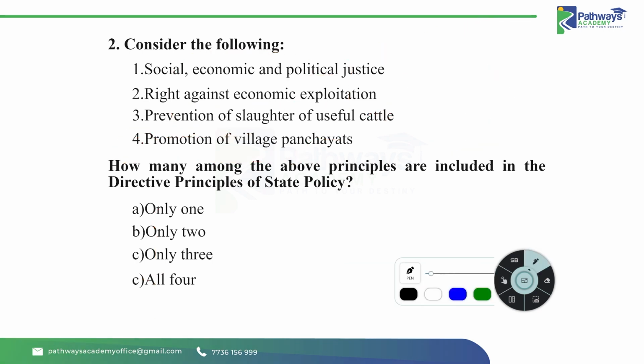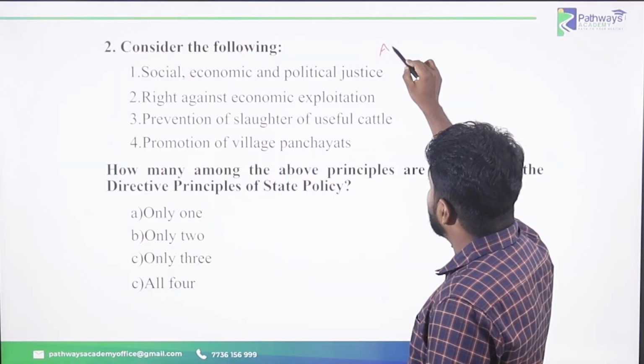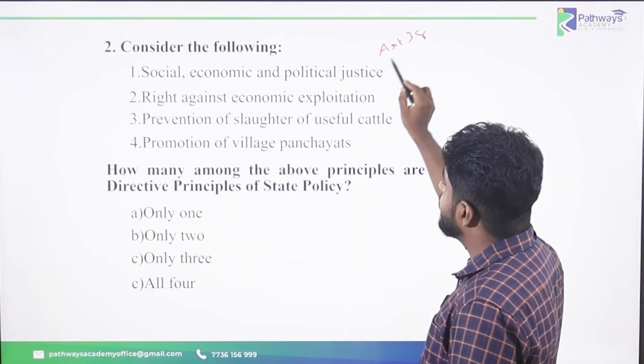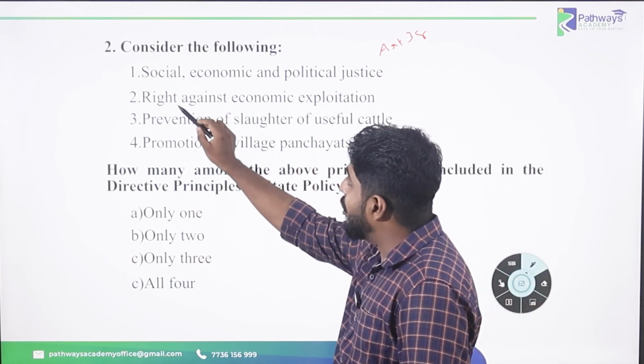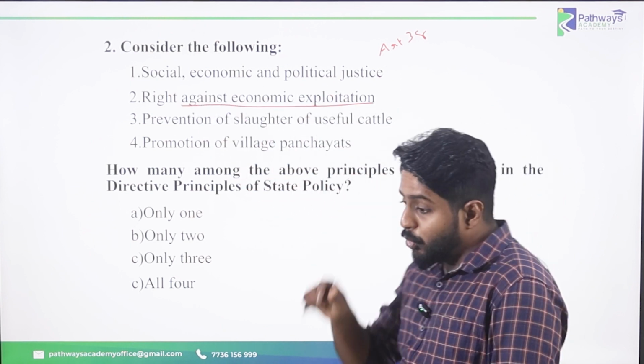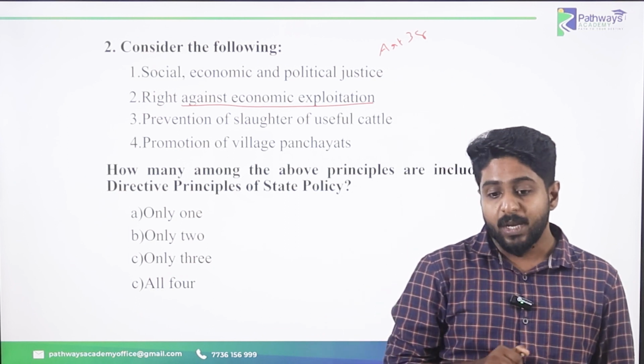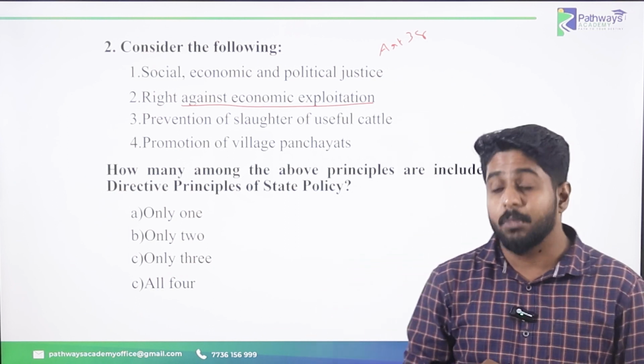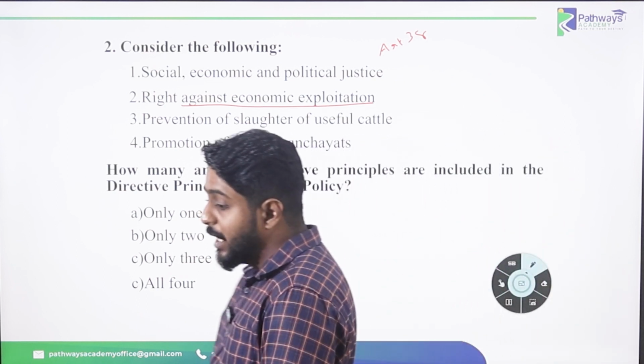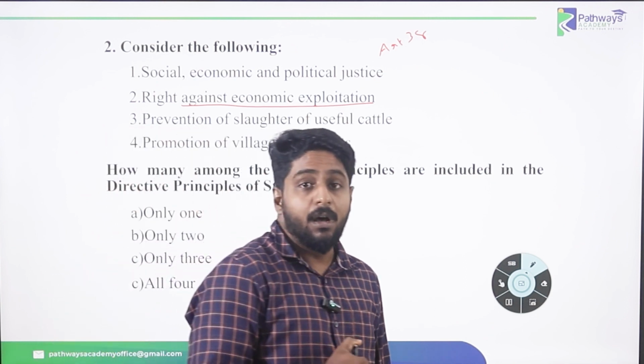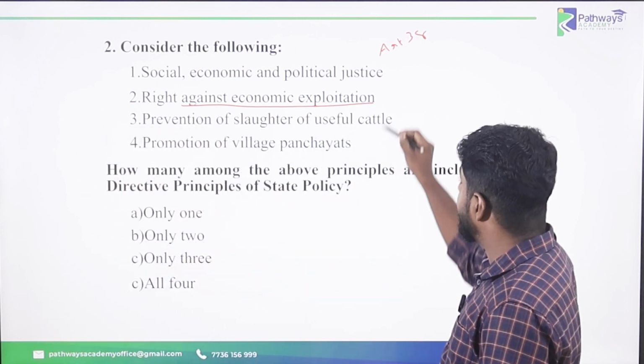Sir, you may just see this: social, economic, and political justice. Very good. It is provided in article number 38 of the Indian Constitution. Right against economic exploitation. Your DPSP itself provides for just and humane conditions of work, isn't it?